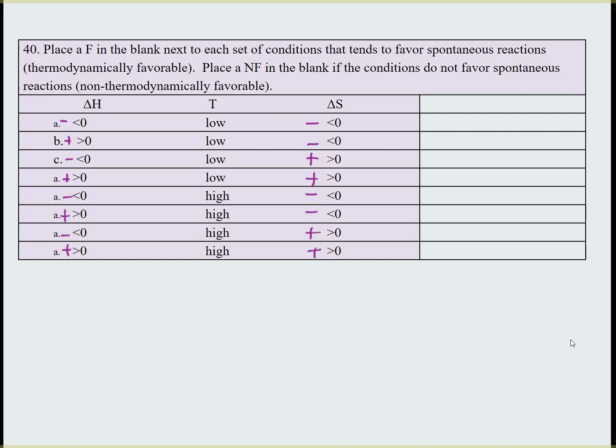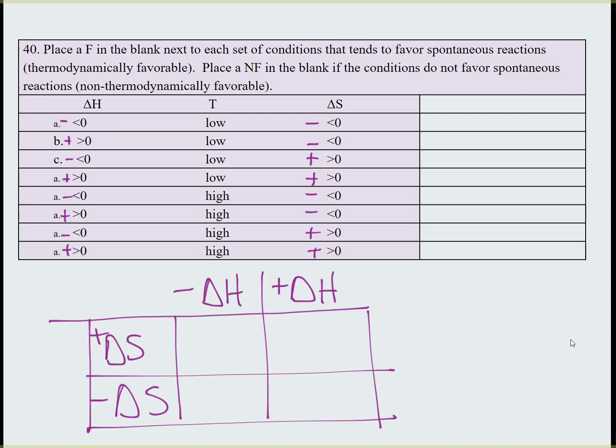And then a chart that you're going to want to reference during the test or if you have it memorized. So remember to put this is exothermic and this one is increasing disorder. So that's the one that nature tends to favor.